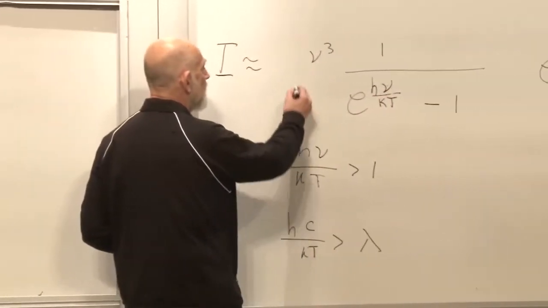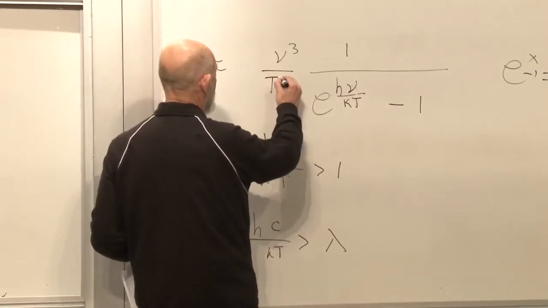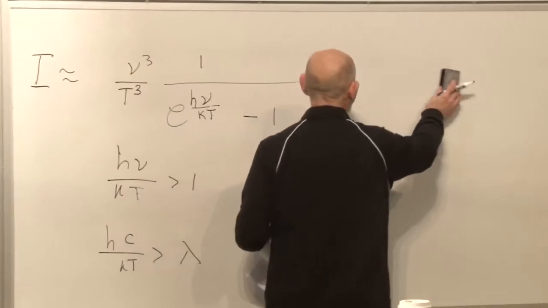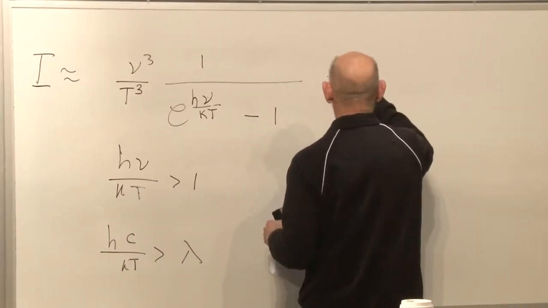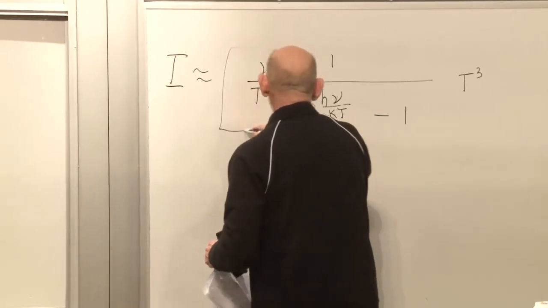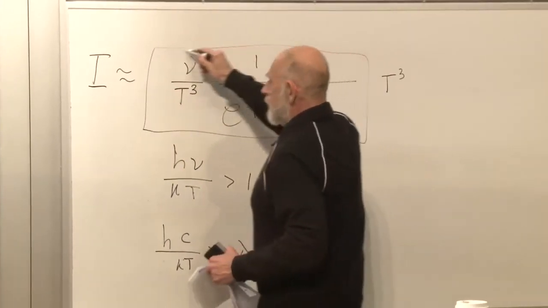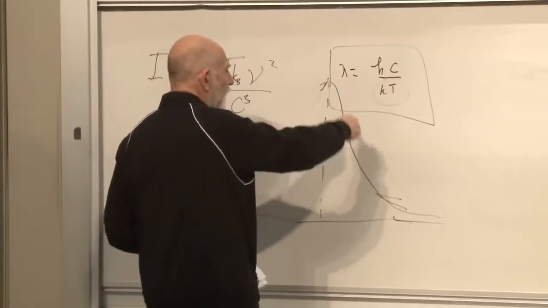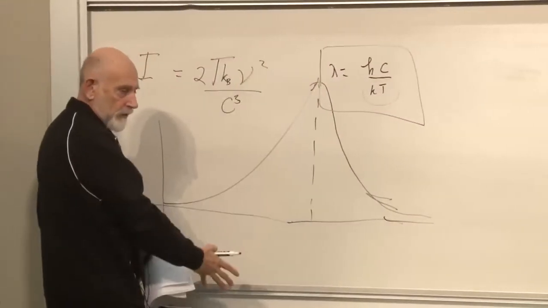Well, let's divide this by temperature cubed, and now multiply it by temperature cubed. What I'm interested in is the shape of the curve, and for the moment, not the height of the curve.